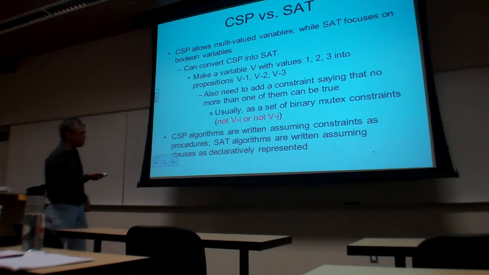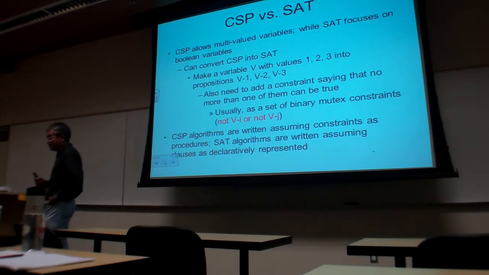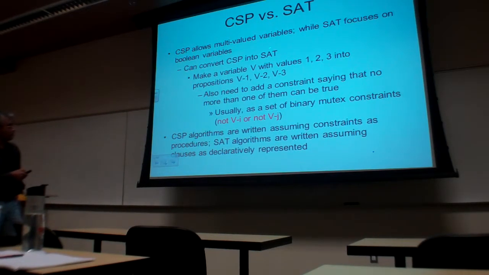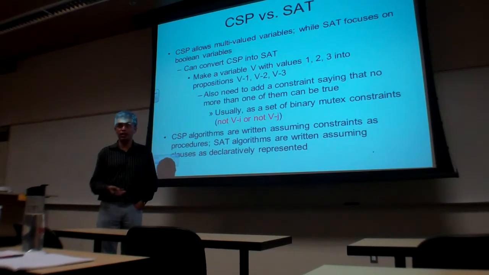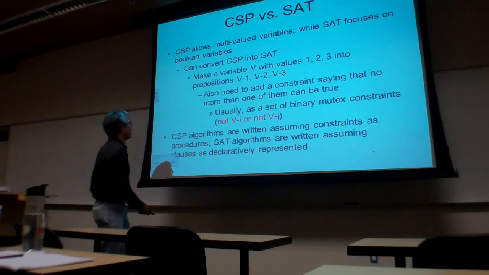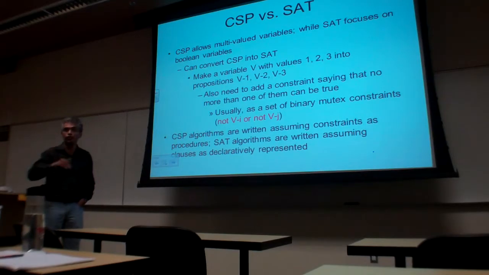One of the things is CSP versus SAT, I already mentioned, but something worth saying here. CSP allows multi-valued variables, discrete multi-valued variables, while SAT focuses on Boolean variables. Now, you can always convert a CSP into a SAT with only a polynomial increase. Everybody knows this much, that if you have a variable V with values 1, 2, and 3, then you now have propositions: V is 1, V is 2, V is 3.